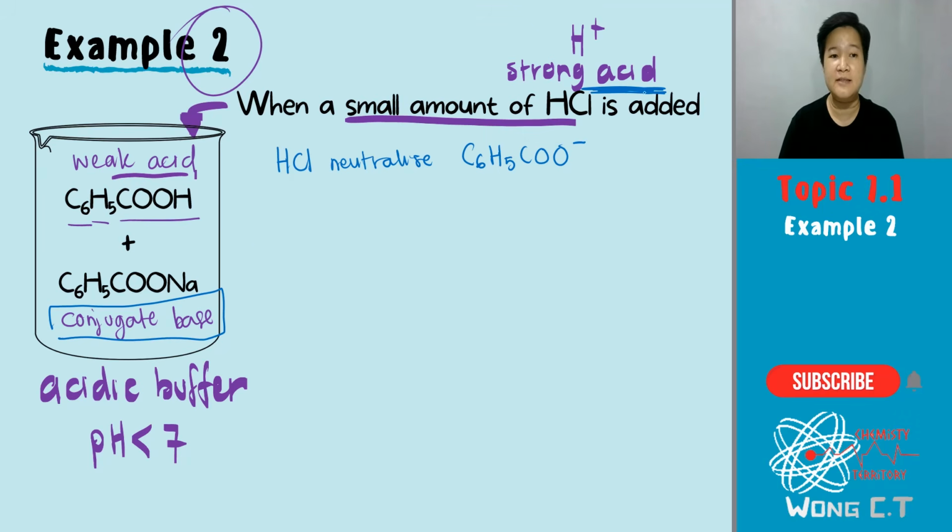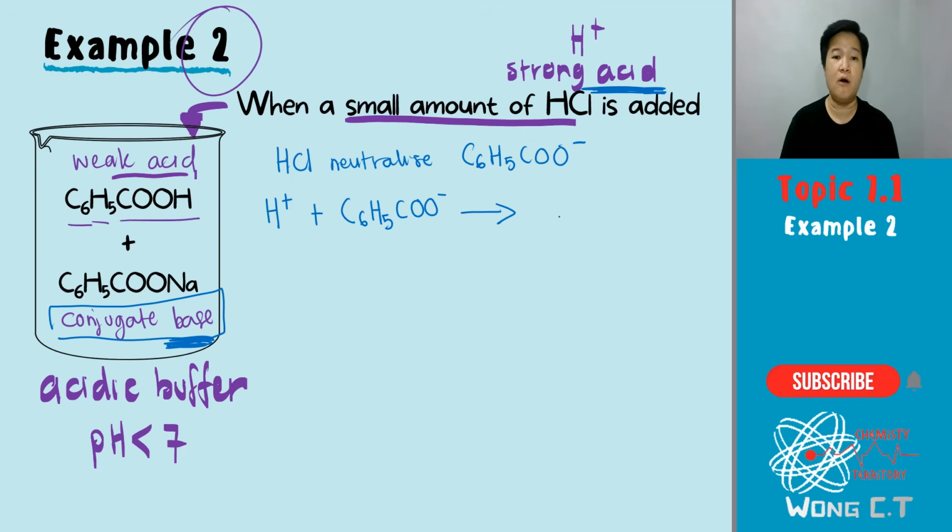So when it's an acid, it will then be neutralized by the base. Okay? So the equation is the hydrochloric acid will produce H plus. The H plus will be neutralized by my conjugate base. And my conjugate base is my benzoate ion, C6H5COO minus. Then I will form what as a product?